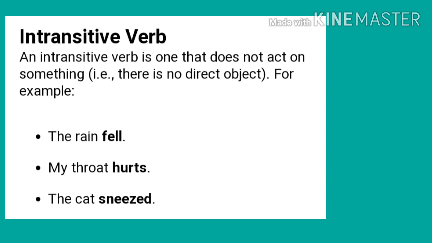Hurts is the verb, and after the verb we do not notice any object. You see, in the third example, the cat sneezed, and we can notice after the verb sneezed we do not use any object. Thus we can say that these verbs are intransitive because they do not have any direct object.